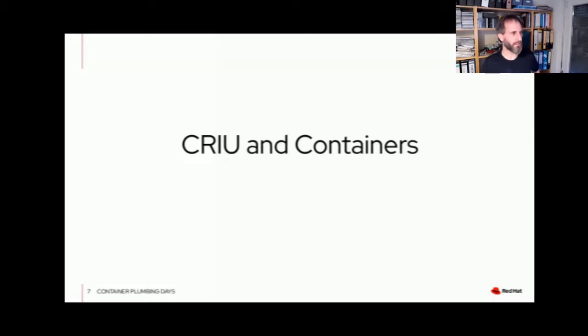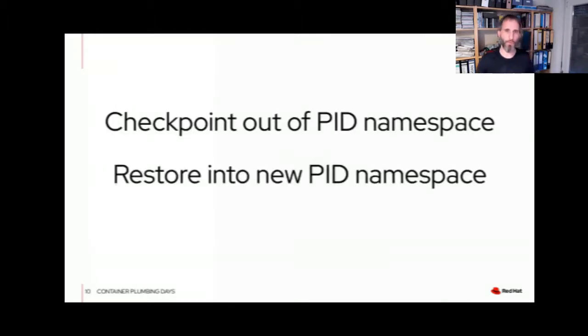So the next topic is RunC and CRun. I want to look at checkpoint restore related features in RunC for maybe the last 12 months. One of the important things from my point of view was the ability for RunC to checkpoint processes out of an existing PID namespace and restore into a new PID namespace.